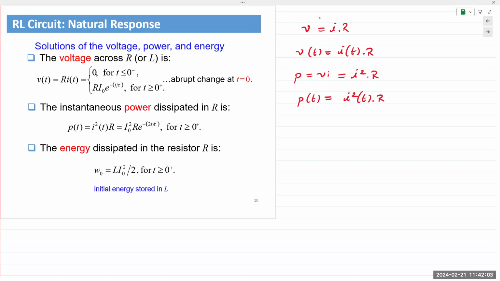Total energy dissipated in the resistor is the total energy that was stored in the inductor, which is half L i squared, which is what we have here. The total stored energy in that inductor is all released through that resistor. So it's half L i squared.